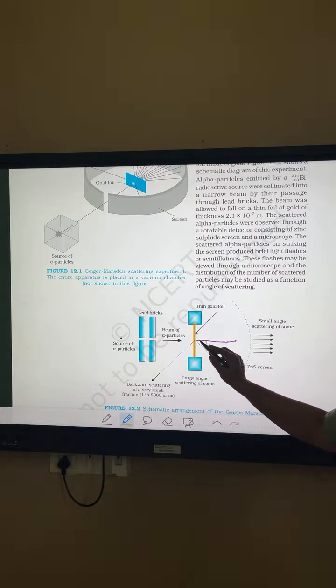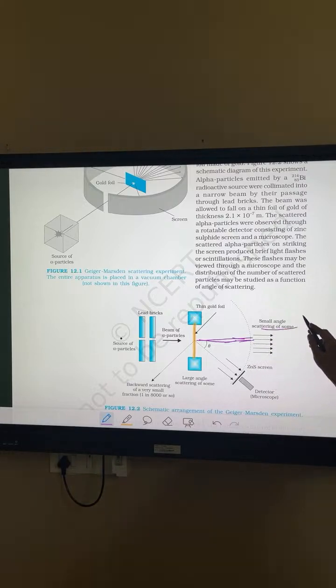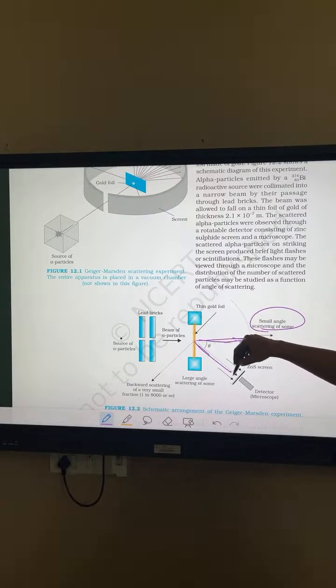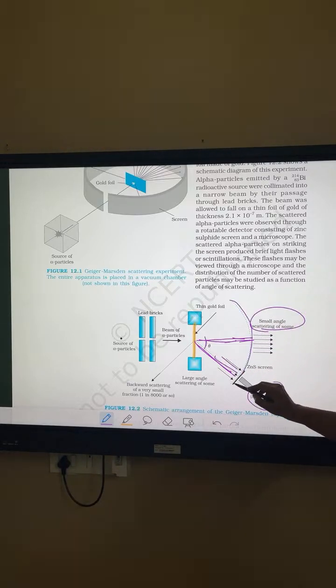Through this, part of the alpha rays are slightly scattered at a small angle, and part of the alpha rays go like this with an angle theta. It is detected by a microscope. This is a zinc sulfide screen.